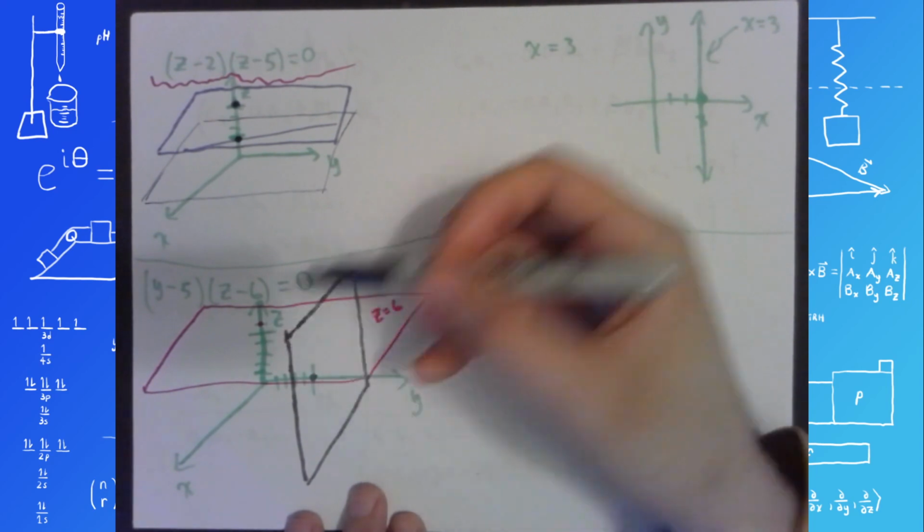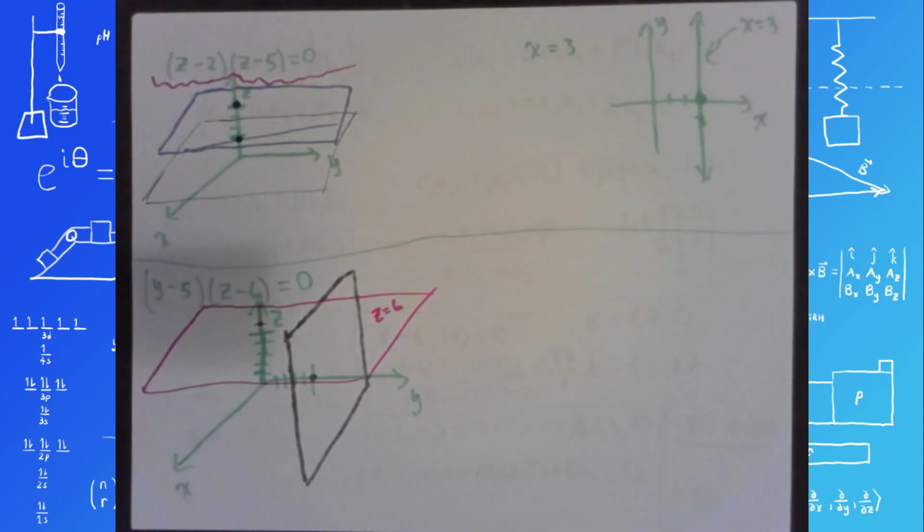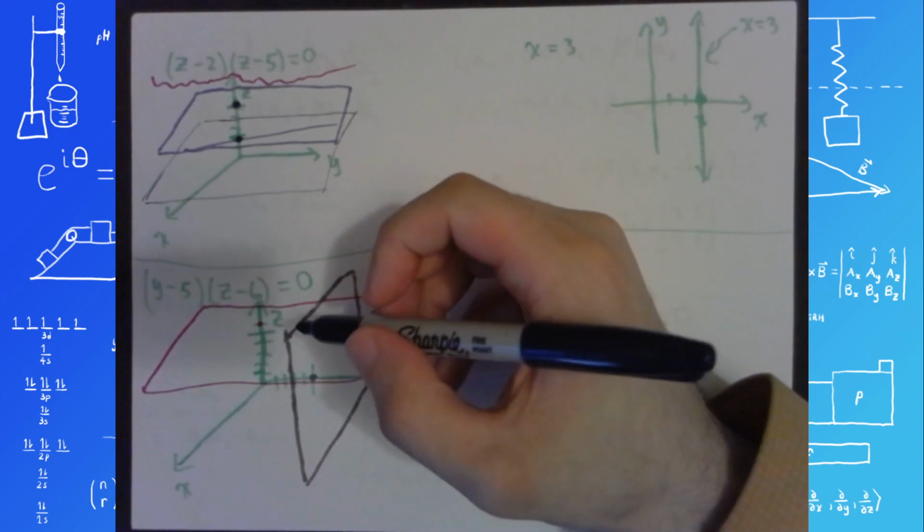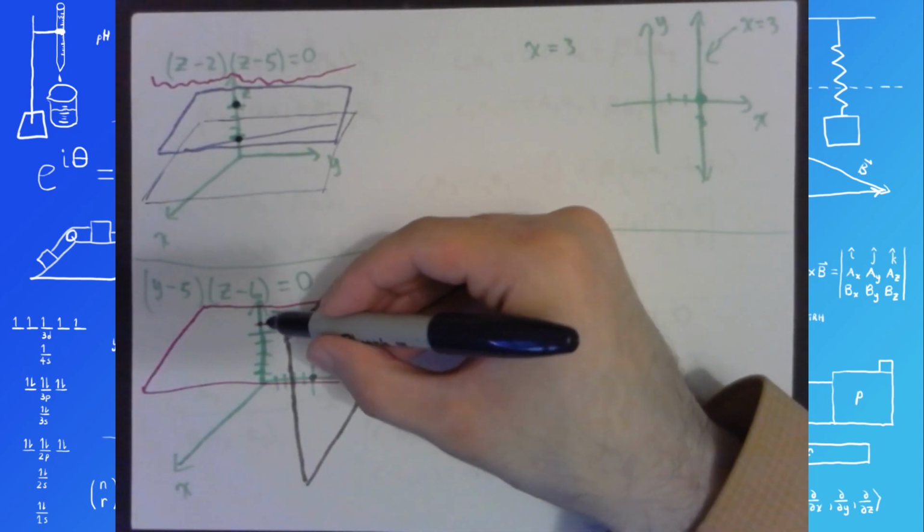Yeah, that should be good. Okay, and then the place where the two planes intersect, I want to draw that as well if I can. I have to be really careful here because this is going to be really easy to screw up. Let's see.